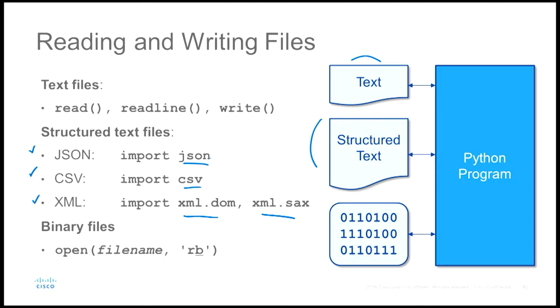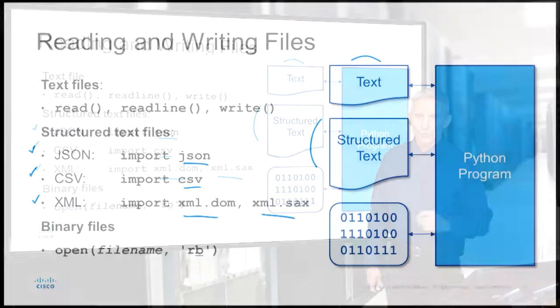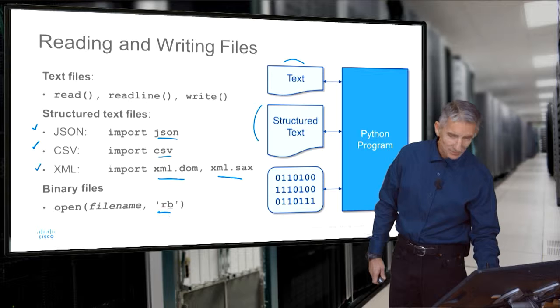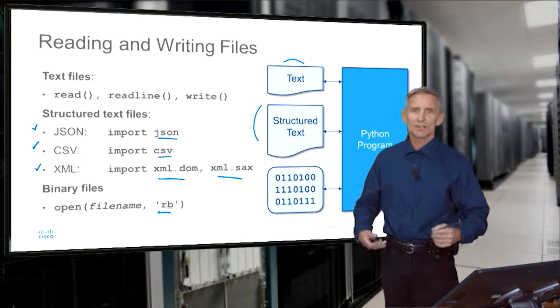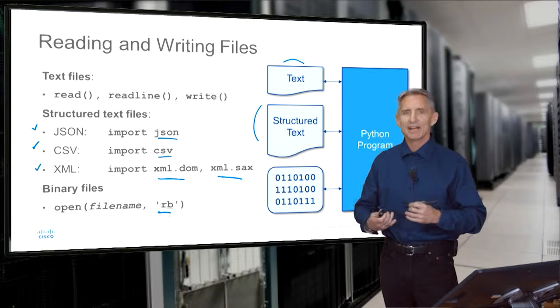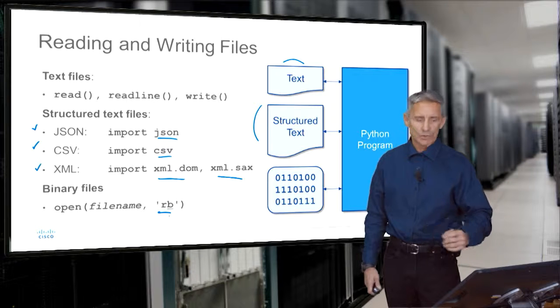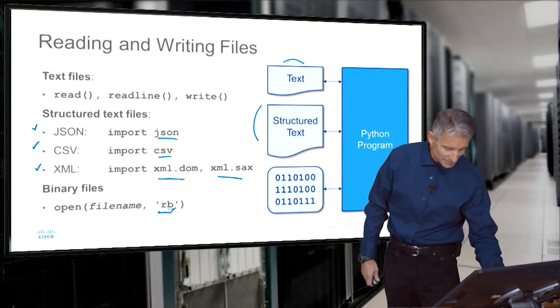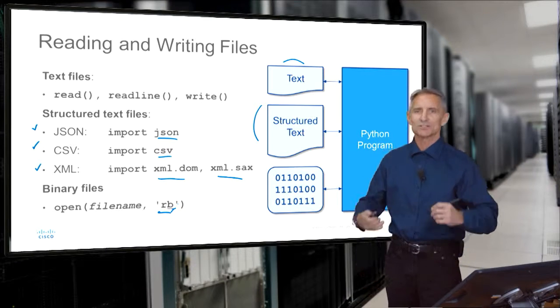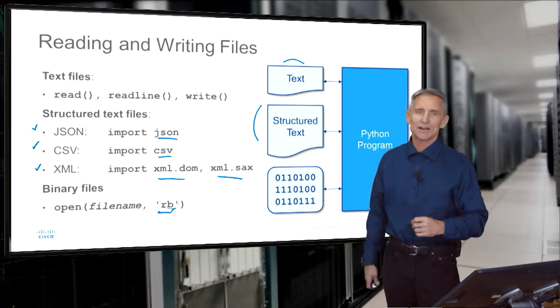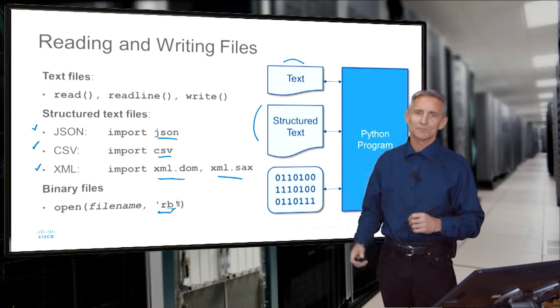You don't have to create these data structures yourself. These library functions that you import will do it for you. What about binary files? The nice thing about binary files is all you really need to do, when you specify how you're going to read or write the file, is specify this B that I've underlined there, which tells Python that it's a binary file.